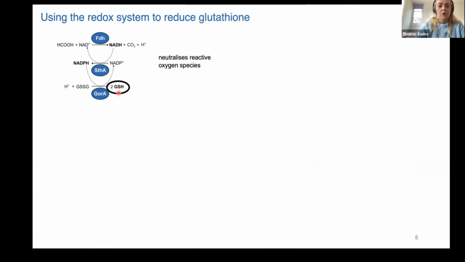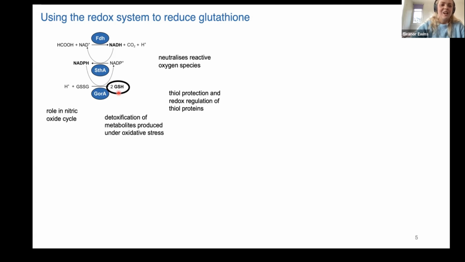It's responsible for neutralizing reactive oxygen species, protecting and regulating thioproteins, detoxification, and has a role in the nitric oxide cycle, among many other things. So this is a very interesting and useful compound that we can produce, and that could then also be used in subsequent reactions.